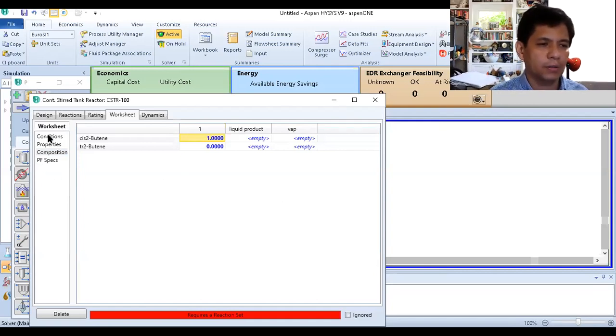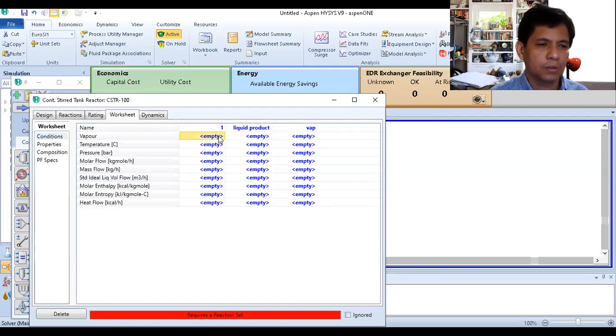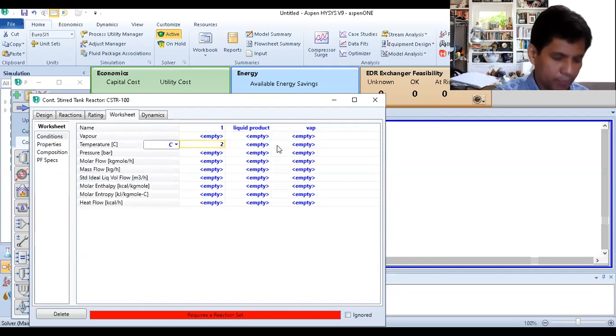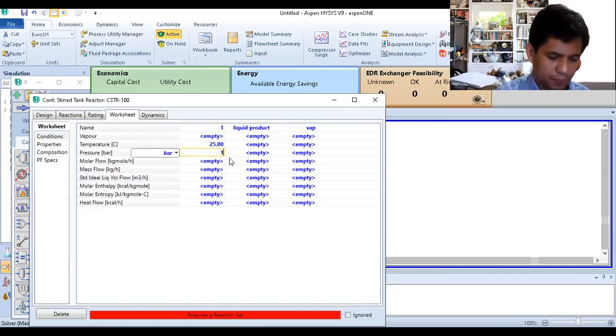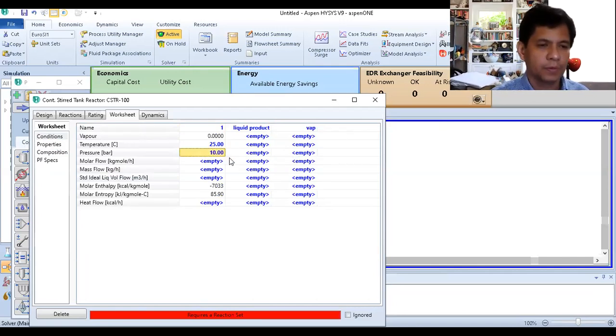Okay, and then, let's go to conditions. So, from the tutorial, yung feed ay 25 degrees Celsius. Tapos, ang kanyang pressure ay 10 bar. Okay.